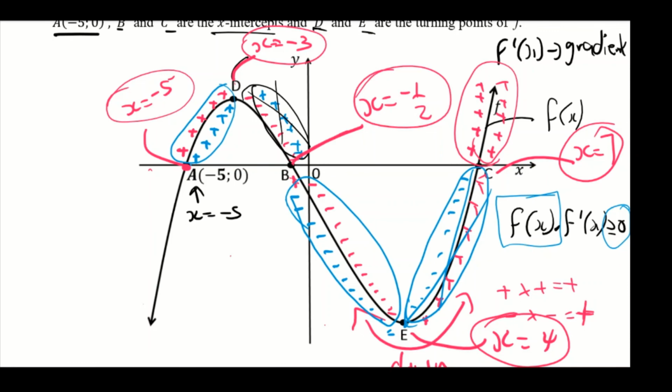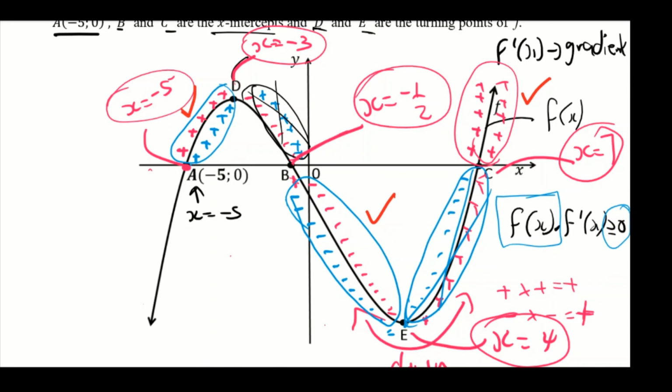So now we're going to look where I tick. I tick here. This works for us because we want where the gradient multiplied by the y values gives us a positive solution. So this works. And this works also, with the gradient multiplied by the y values giving us a positive solution, and also this one works. So where I ticked are the cases that are working, where we can find our solutions of x, right?